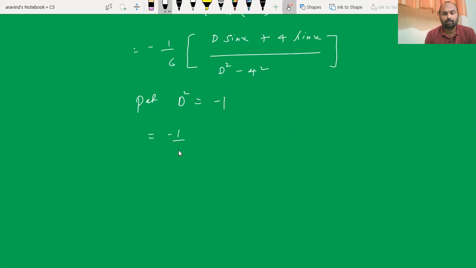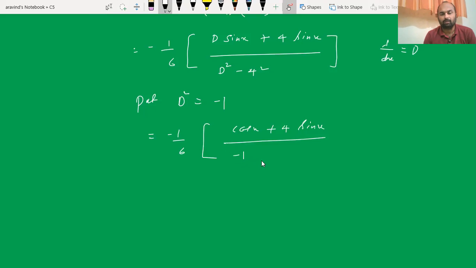So minus 1 by 6 into d sin x means it is differentiation. D means d by dx. This is capital D. The sin x derivative is cos x, plus 4 sin x, divided by minus 1 and this is minus 16. So what happens? We'll get minus 1 by 6 into cos x plus 4 sin x divided by minus 17.